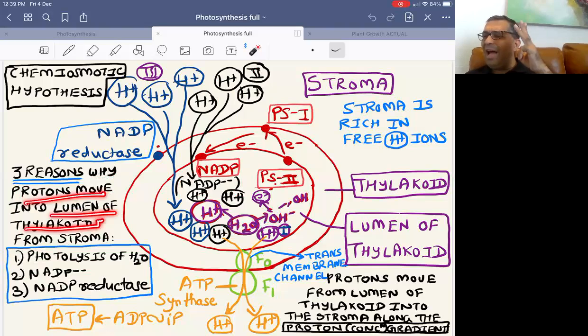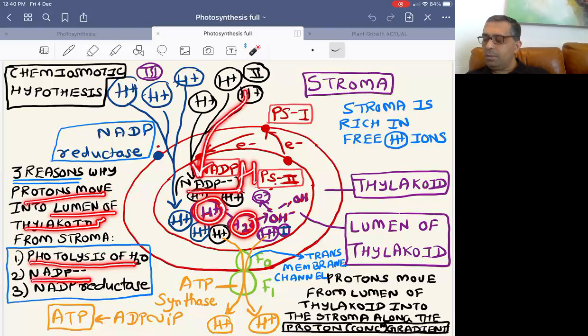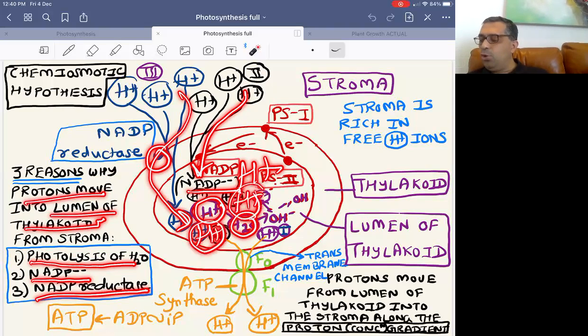Remember, I've written it specifically. Three reasons. Photolysis of water accumulates protons. NADP minus minus attracts protons. And NADP reductase brings in protons. And proton concentration inside the lumen of the thylakoid will increase.